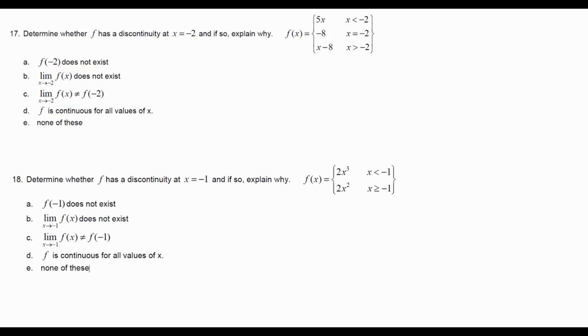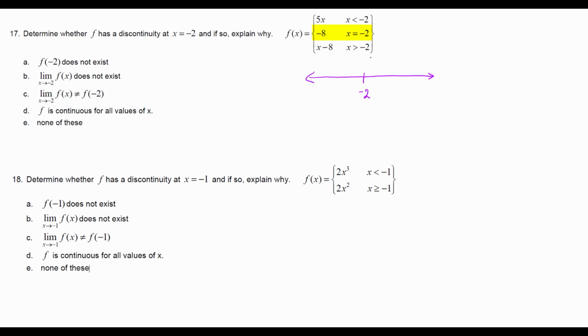Number 17. Determine whether f has a discontinuity at x equals -2, and if so, explain why. So now I have a piecewise defined function with 3 pieces, and you can see it is all separated by x equals -2. So if I draw the number line, it might be a lot clearer. And here is -2.